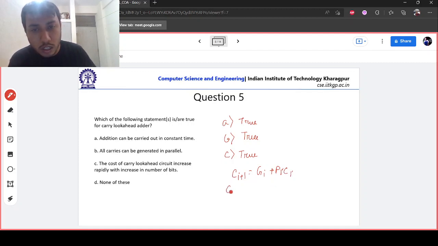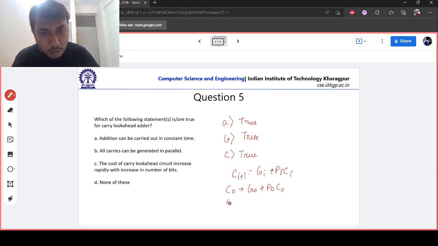For the first bit it is quite simple: C1 equals G0 plus P0 C0.